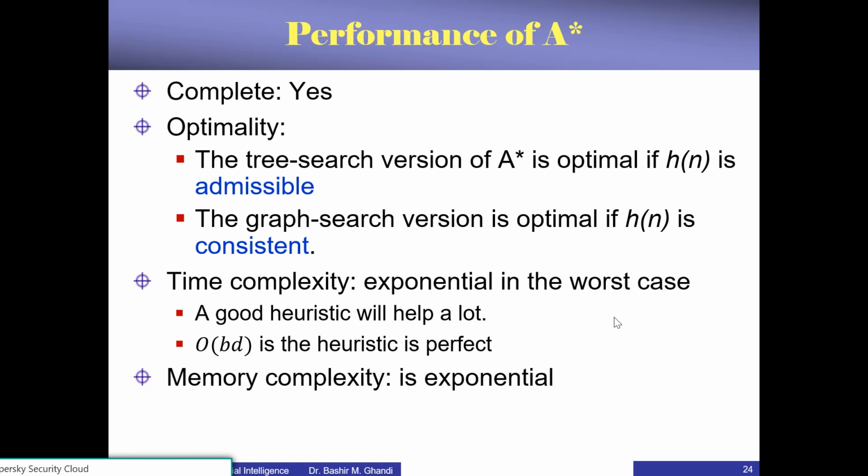The memory space is also exponential, because each generated node is going to be stored in memory, so the memory complexity is exponential, b to the power d. So this is the performance of A star. Generally, it is much better than all the uninformed search that we have learned so far.